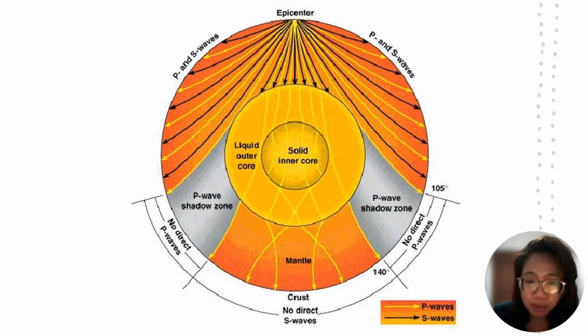For example, focusing on the S waves, they no longer make it to the other side because they are blocked by the liquid outer core. That's the reason why we know that the outer core is liquid. That's because S waves fail to travel back. On the other hand, the P waves can pass through liquid, but they behave differently.